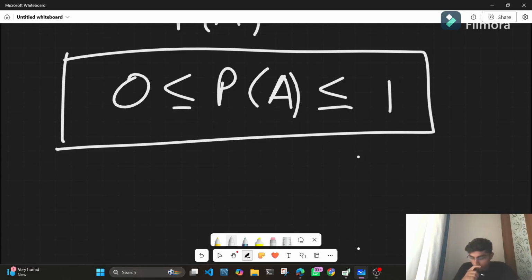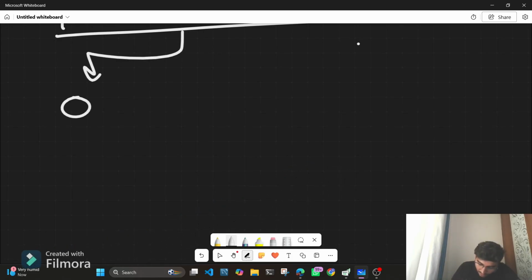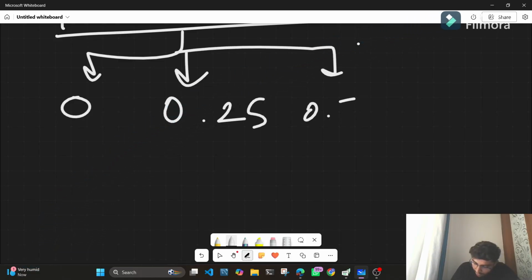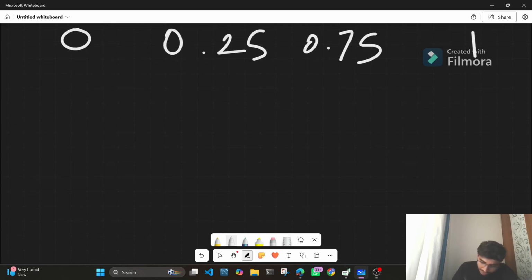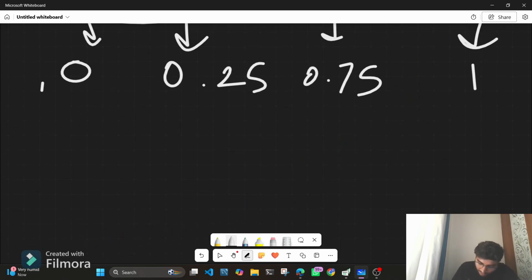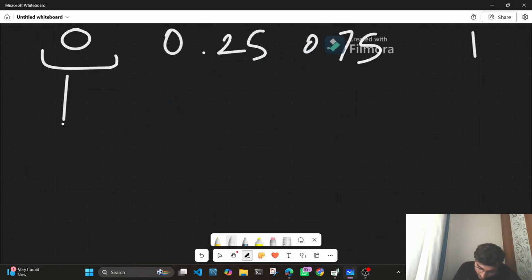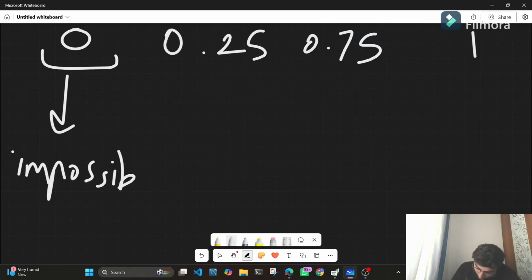So we can divide it into 3 or 4 cases, like if I get 0, 0.25, 0.5, 0.75, or if I get 1. For an event like this, if we say that its probability is 0, we can conclude that the event is impossible, it will not happen.